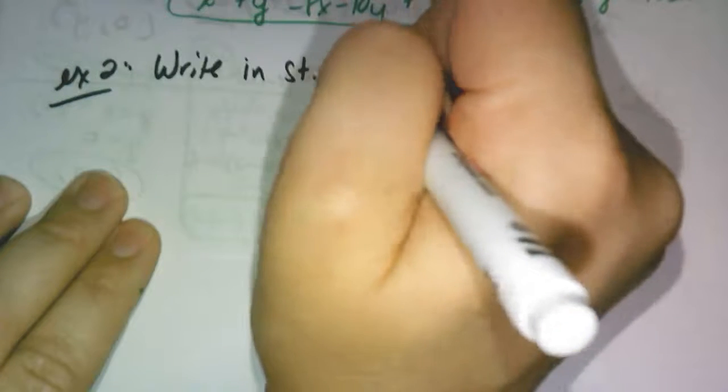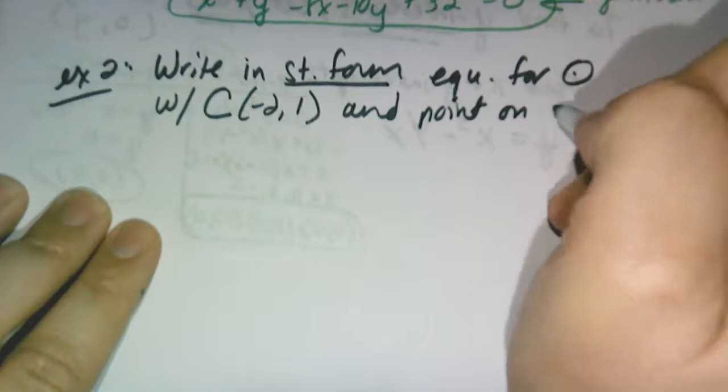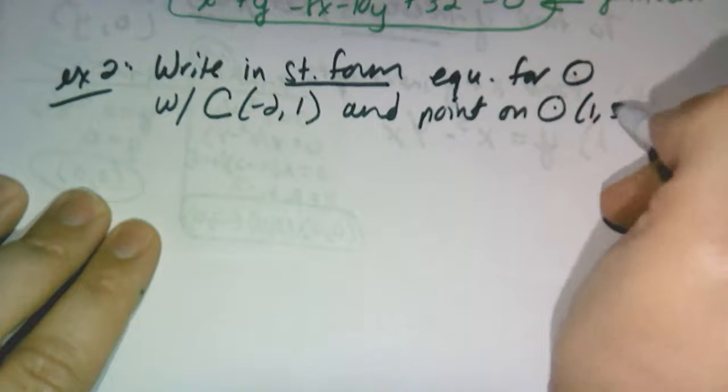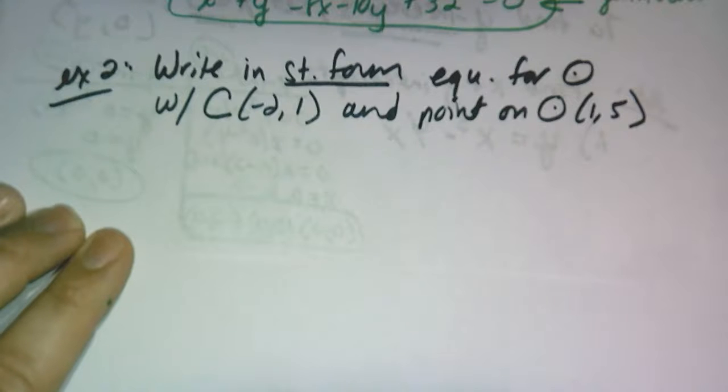Write in standard form the equation for a circle with a center at -2, 1, and a point on the circle, 1, 5. Seems easier, but it's actually not.